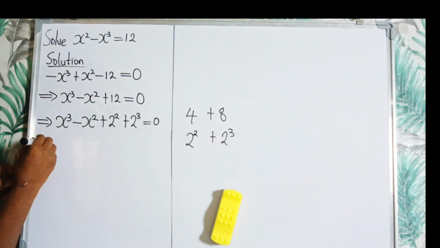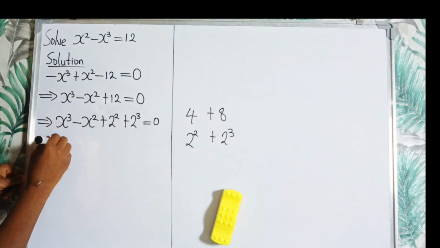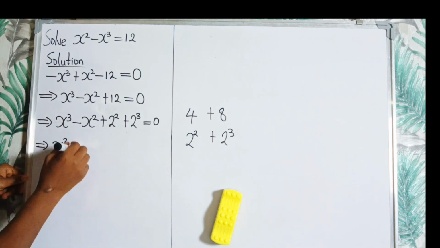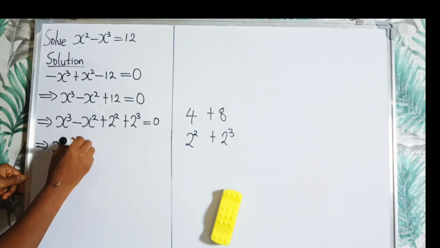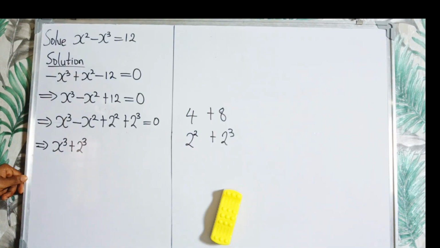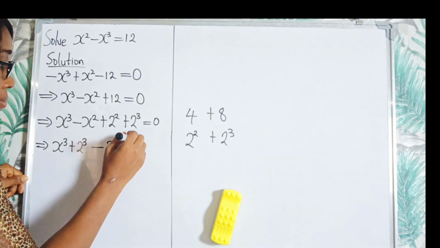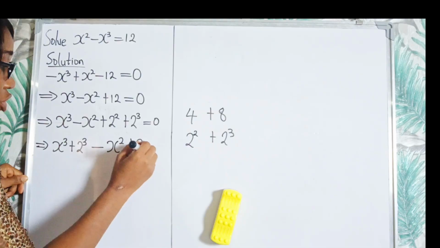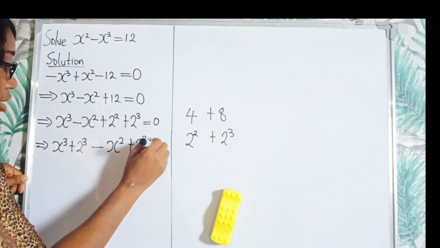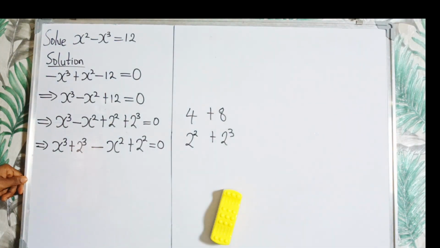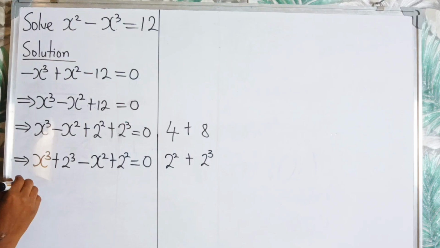So here we have x cubed plus 2 raised to power 3, minus x squared plus 2 raised to power 2, and this is equal to 0.